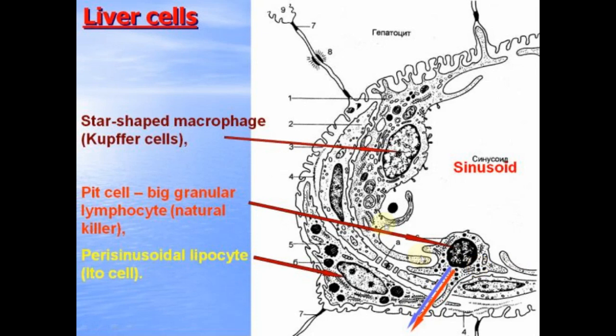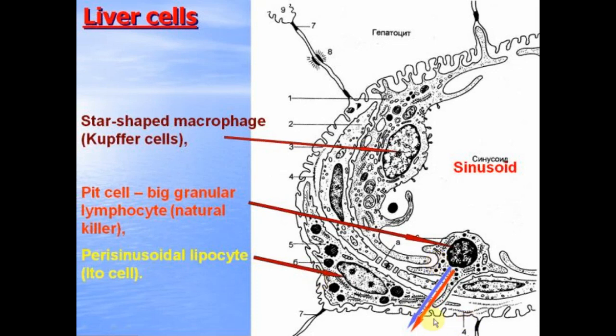This picture demonstrates a sinusoid blood capillary lined by endothelial cells, and there is a star-shaped macrophage Kupffer cell, perisinusoidal lipocytes, and an additional pit cell, a big granular lymphocyte, natural killer, which can release cytokines which kill defective hepatocytes.